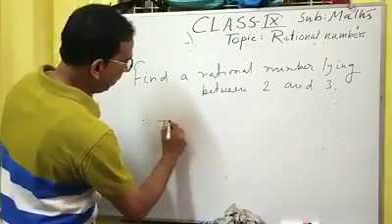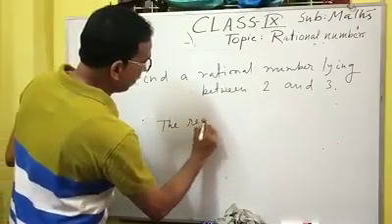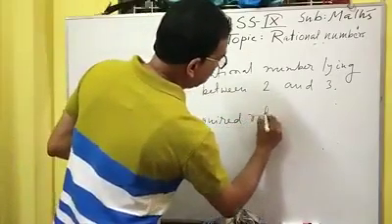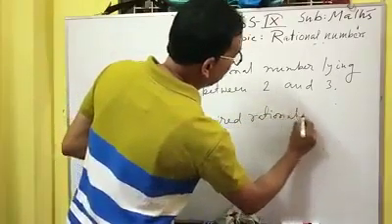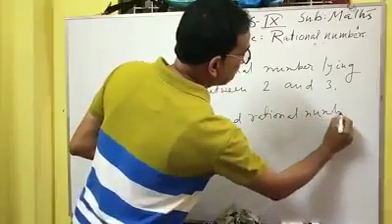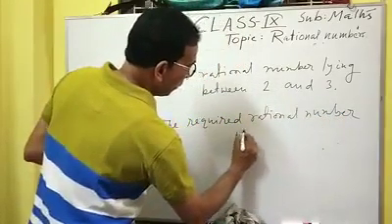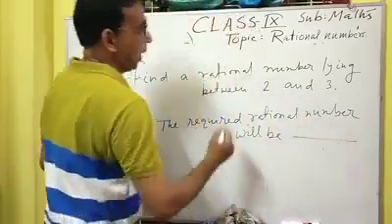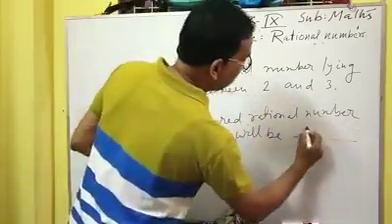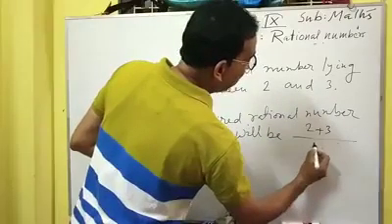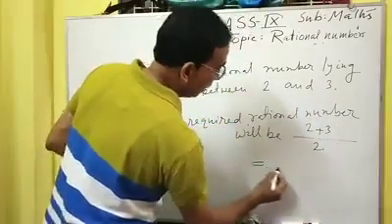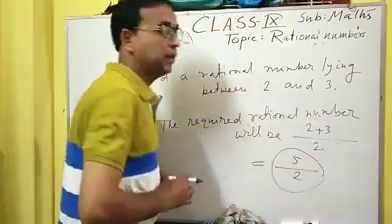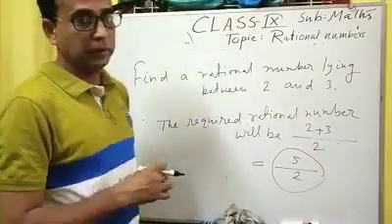The required rational number will be, at first we have to add these two numbers, that is 2 plus 3, and divide by 2, that is 5 by 2. This is the required answer.